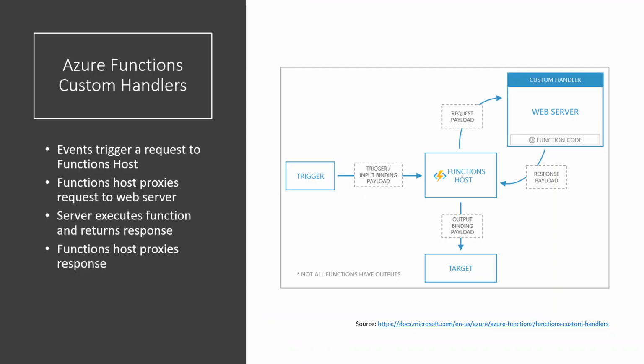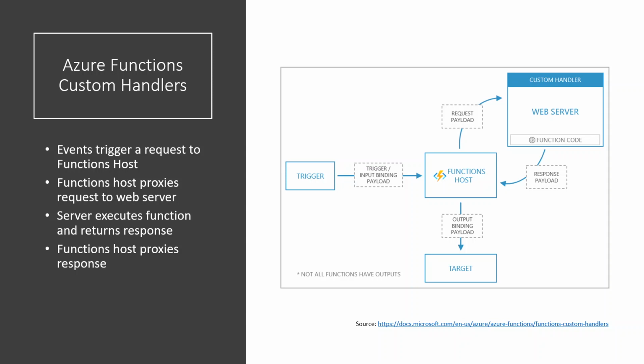So essentially, how Azure Functions handlers typically work is you can define triggers, as well as the bindings for inputs and outputs. And the Azure Functions host sits right in the middle of this whole workflow. Whenever there's a trigger, whether that's HTTP, blob storage, or whatever that trigger may be, the Azure Functions host takes that information and proxies the request payload to the web server.